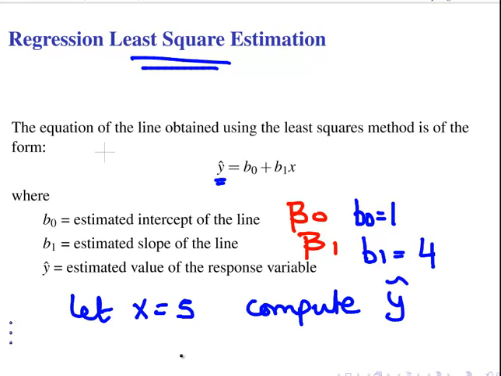So y hat is 1 plus 4 times 5, and that is equal to 21. Now, this is what they call a fitted value, a fitted value for y, or predicted value for y. That's really the point of regression: given a value of x, can you predict y?